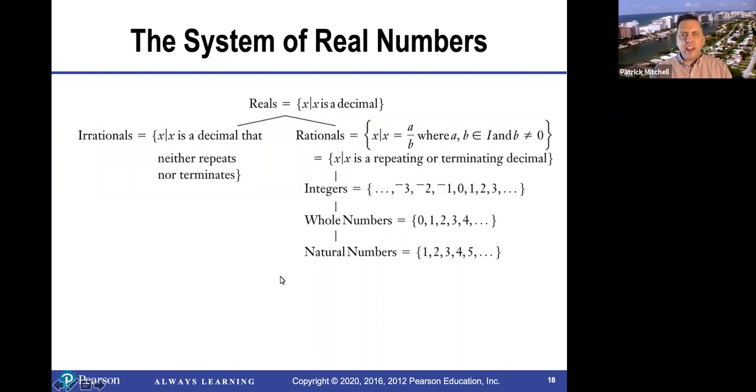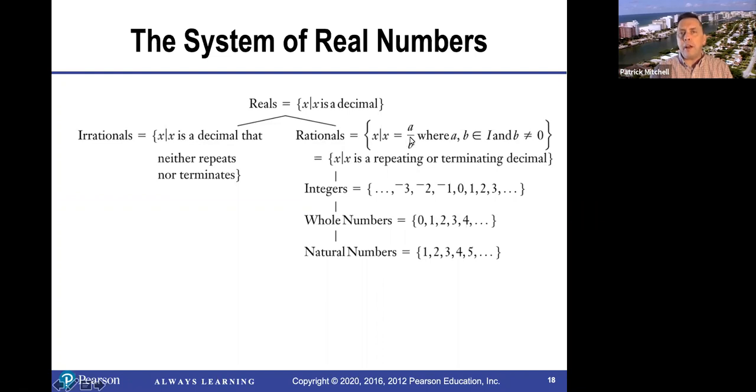So this kind of shows the relationship between all the different sets of numbers that we've talked about over the whole semester. So the biggest set is real numbers, the set of all x such that x is any decimal. That is split between irrational numbers, decimals that neither terminate nor repeat, and rational numbers, numbers that can be written as fractions.